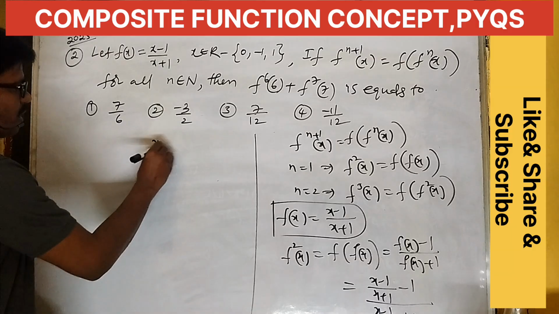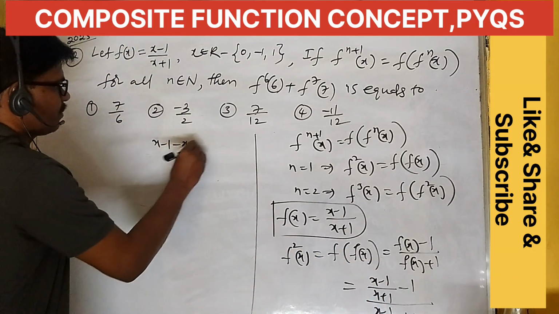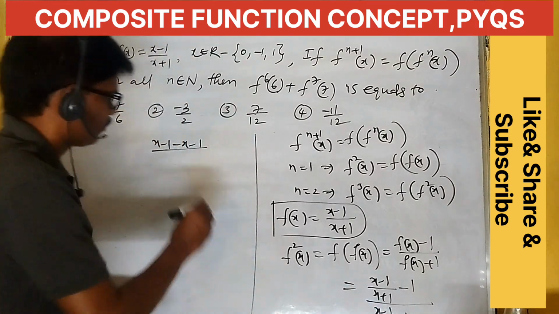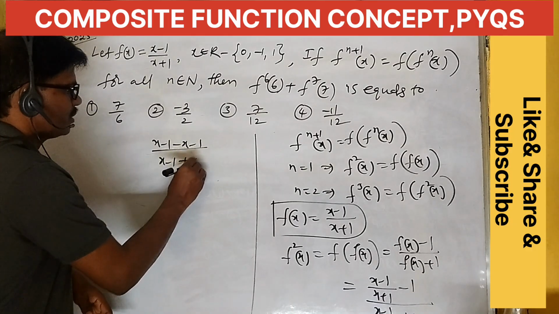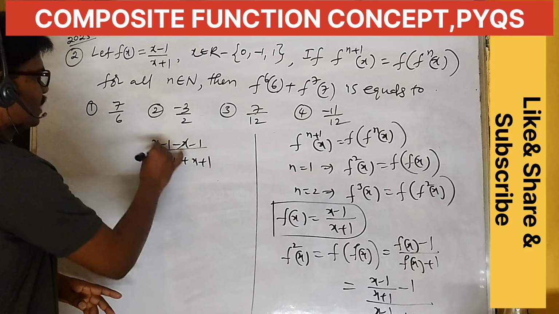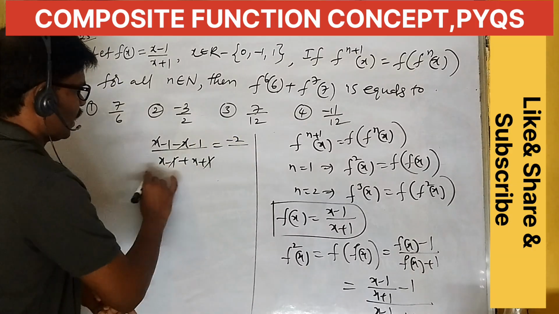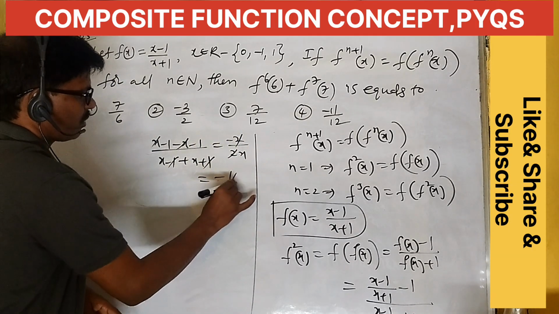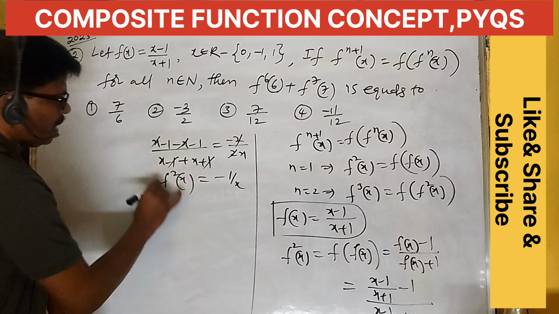Here x minus 1, this is minus of minus x minus 1, by downside also x plus 1, also same. Minus x plus x cancel. Here minus 1 plus 1 cancel, equal to minus 2 by 2x. 2 gets cancelled, equal to minus 1 by x. This is the answer, f square of x value.